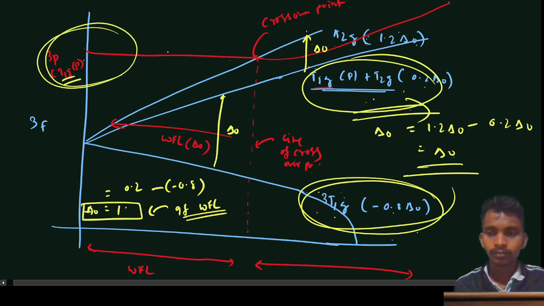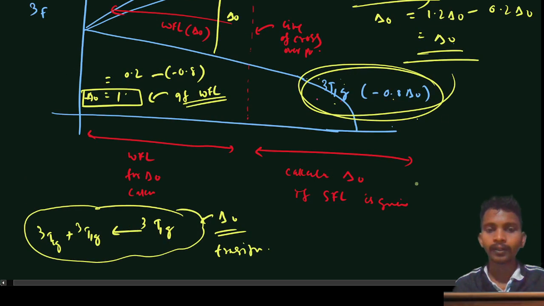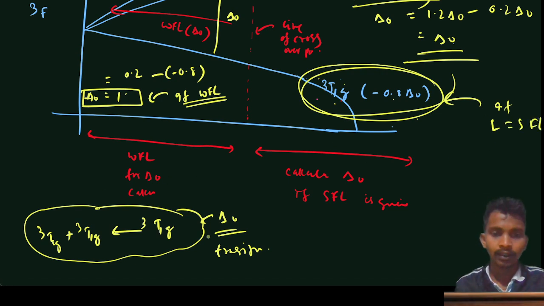This is the delta knot if the ligand is a strong field ligand, and this is if the ligand is a weak field ligand.